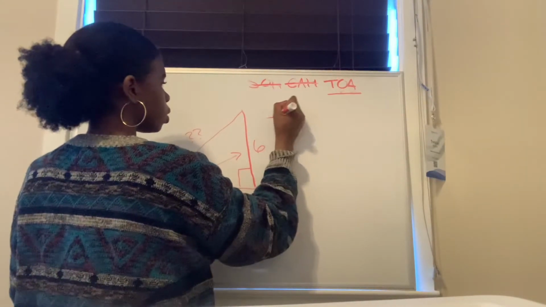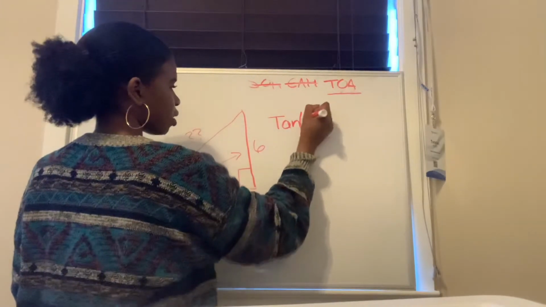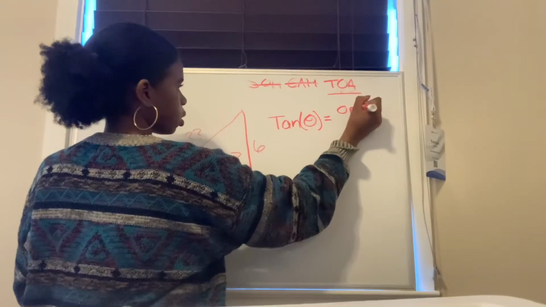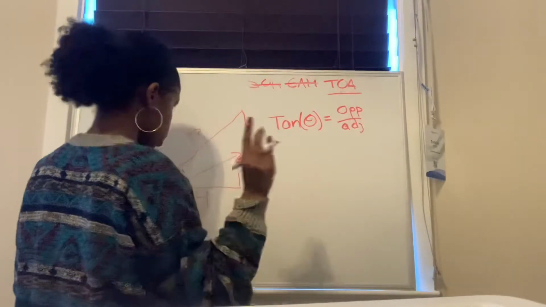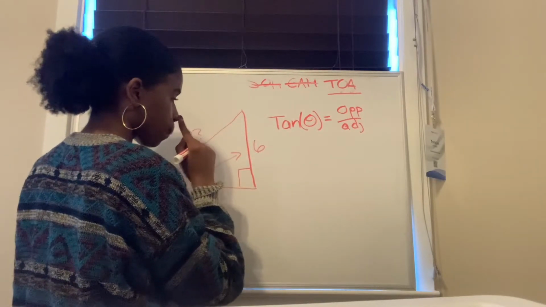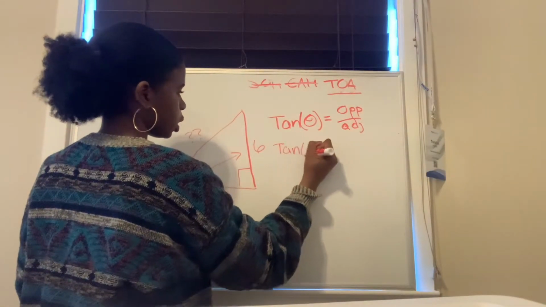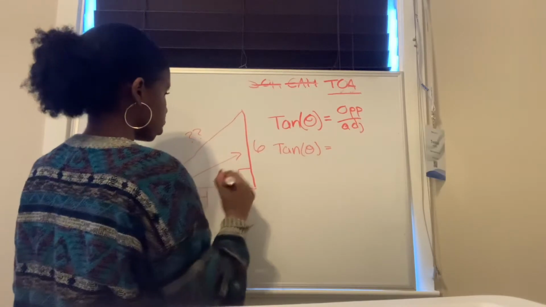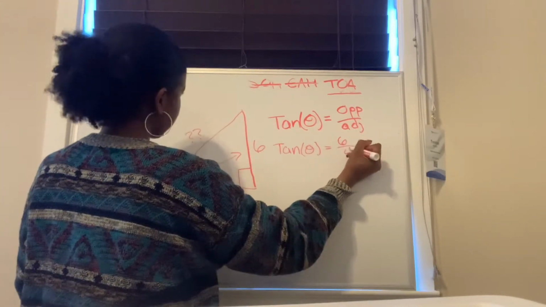So tan of theta equals opposite over adjacent. If you have it written down, we already have our opposite is 6 and our adjacent is 4.